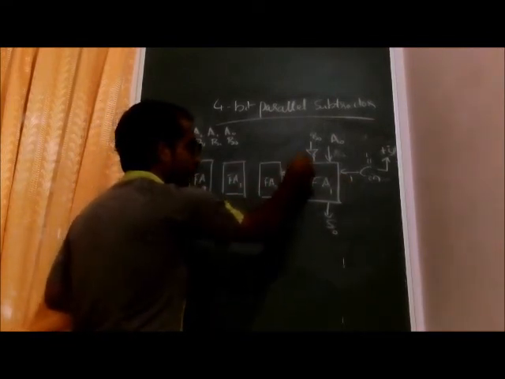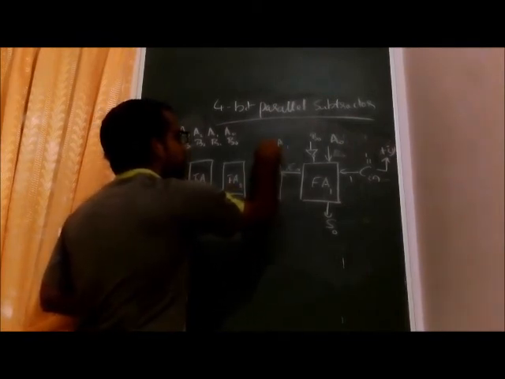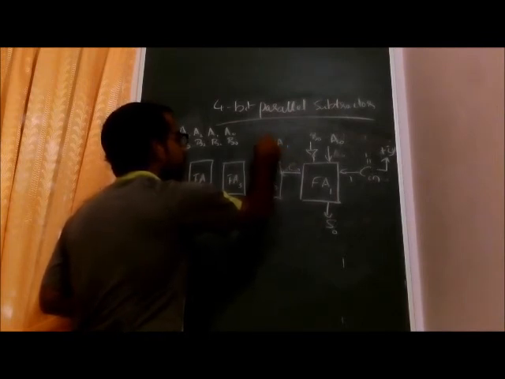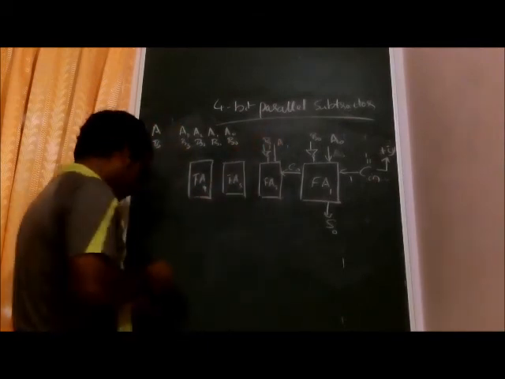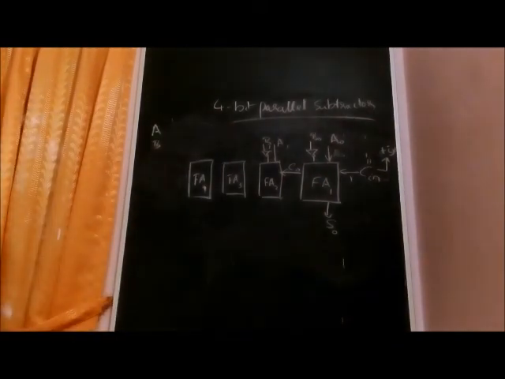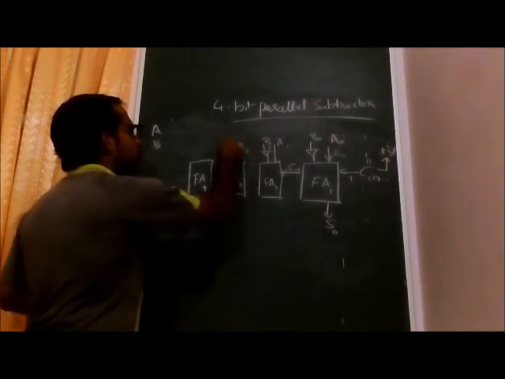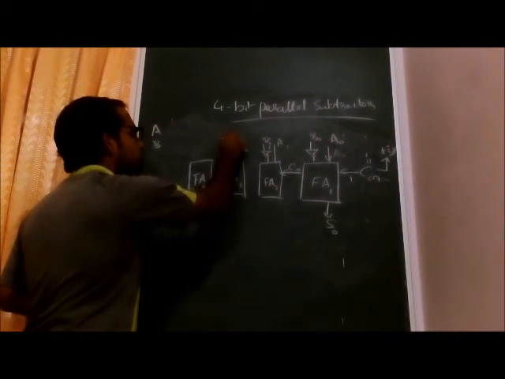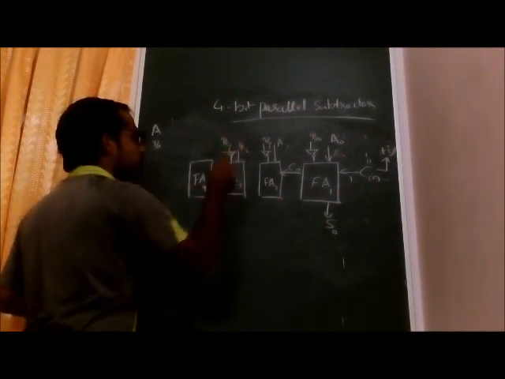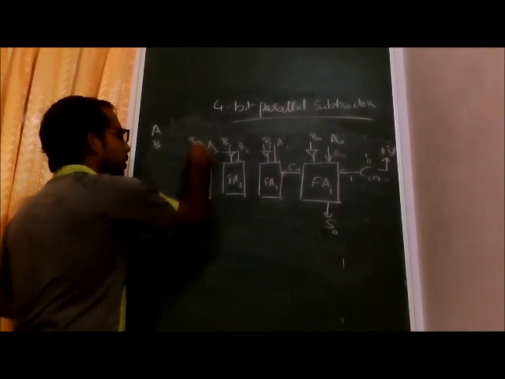This is C0, and again this is A1, B1. For B1 we take the complement. So in all these B digits we take the complement. And this is A2 and B2 complement, so B2 goes through a NOT gate, and A3 and B3 also through a NOT gate.